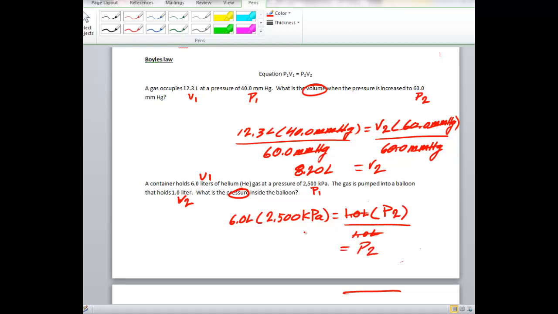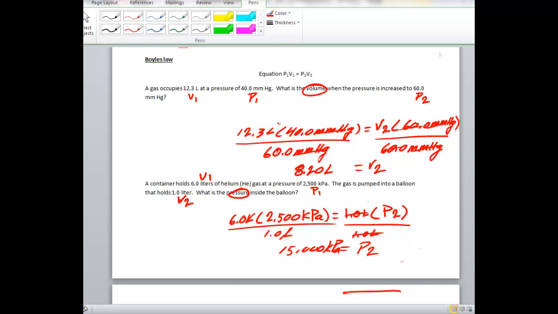P2 comes down here. And we should multiply the top and divide by the bottom. I cancel out my units, and this answer comes out to 15,000 kPa.